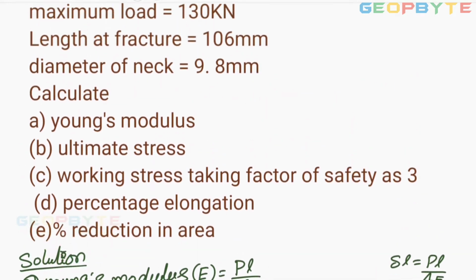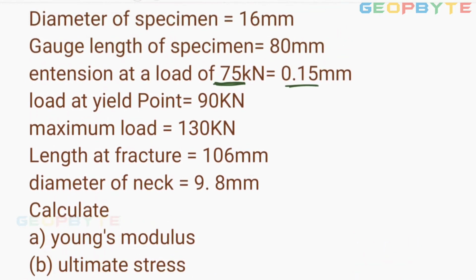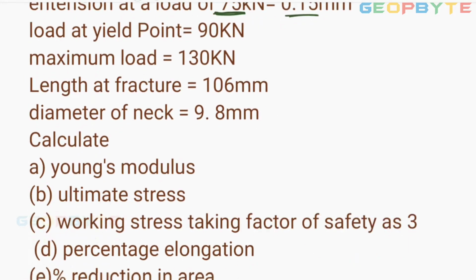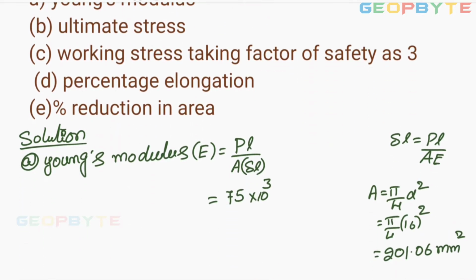L is the original length, given as gauge length. Gauge length of the specimen 80 mm. So it is into 80 divided by area of cross section 201.06 multiplied by change in length.